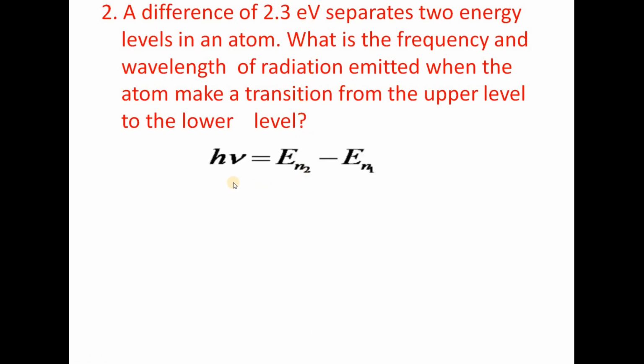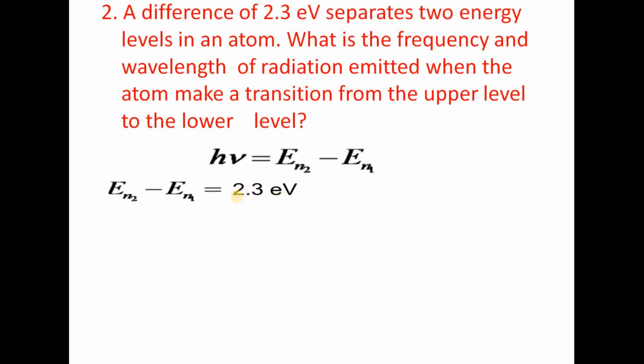Now by this time we know that the energy of the emitted photon, h nu, is nothing but the difference between the two energy levels. h nu is equal to En2 minus En1. Now En2 minus En1 is given in the problem, it is 2.3 electron volt. We know that 1 electron volt is 1.6 into 10 power minus 19 joules.